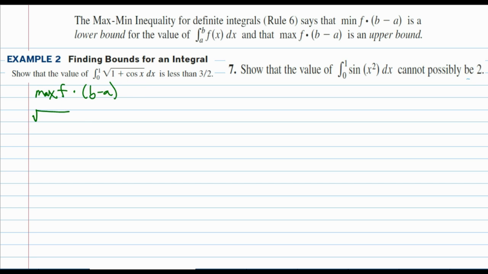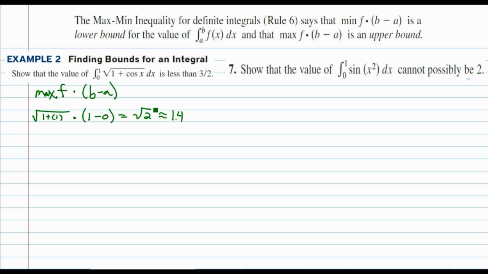So the maximum of f is going to be the square root of 1 plus 1. Now b minus a is 1 minus 0. So that whole deal is square root 2. I know the square root of 2 is about 1.4 something, a little less than 3/2.